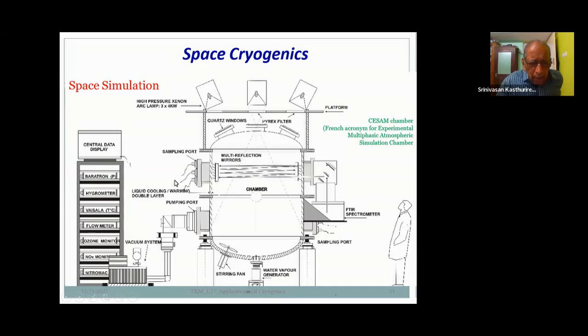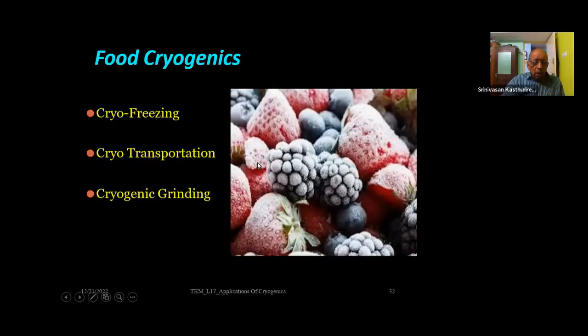Double layer type of thing is possible. So appropriate cooling arrangements are possible with this one. And then there are a lot of measurement instruments, like for example, hygrometer or flow meters, etc. All those systems are also housed together. Now, the space simulation chamber has to be built according to the requirements of people.